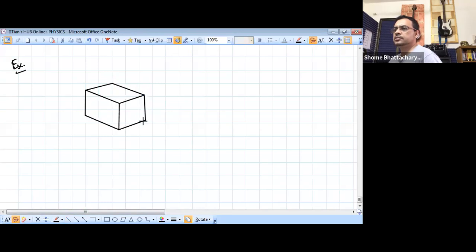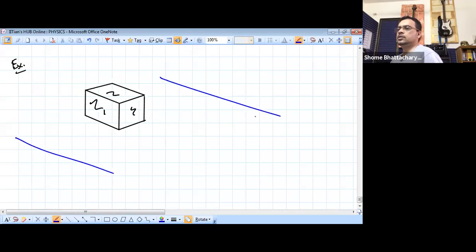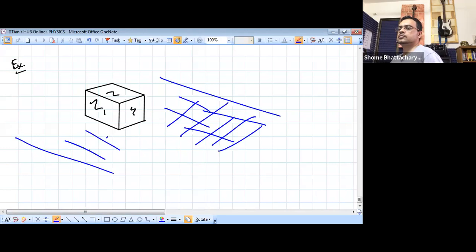Try and get this right. Somewhat right. Okay. So now let's say this is some kind of a body which is lying on a two-dimensional plane. This is lying on a floor. This is a smooth floor, frictionless.